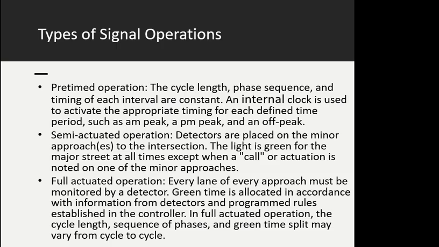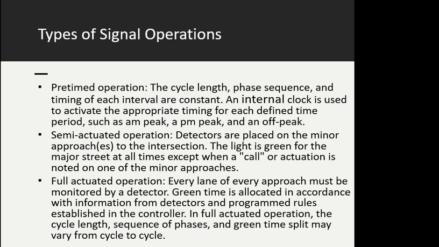Okay, so this is the order which is fixed, but in fully actuated signals this order can also change. Normally it is east and then west, but when the east was going on, the north side has too much traffic, so from east it goes to north as well. It can happen. Or there's nobody on the west side, so the west side can be skipped as well. Okay, this can also happen.